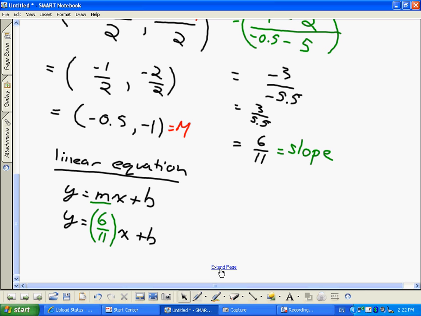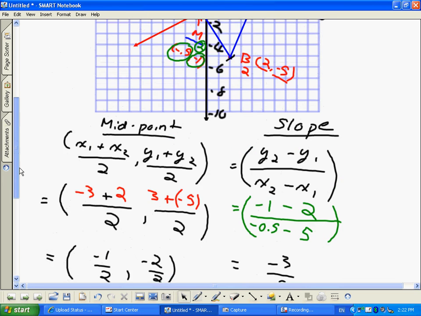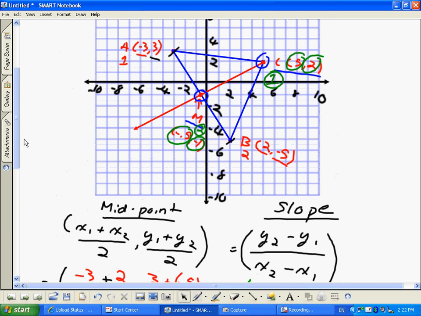Now, I need a y-intercept. I don't really know what it is looking at the graph up here, so I can't put that in. But what I can solve for is the x and the y in my linear equation. I have a point. In fact, I have 2 points. So I'm going to use the x and y from vertex C. This is going to be our x, and this is going to be our y.